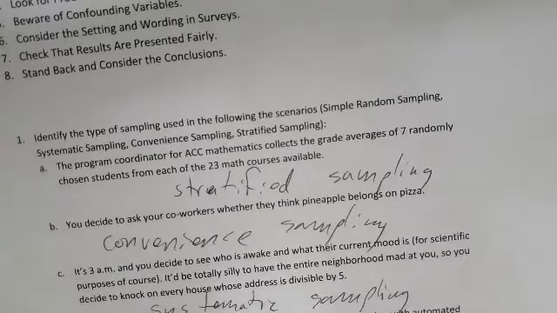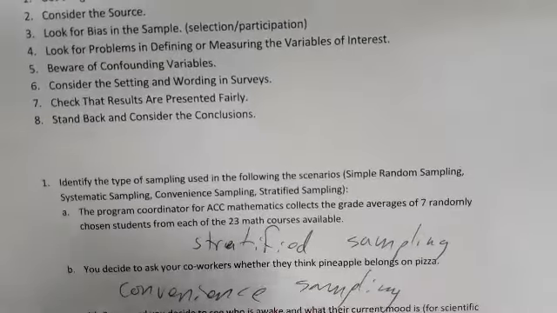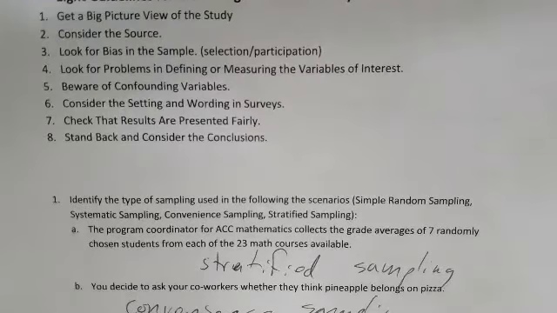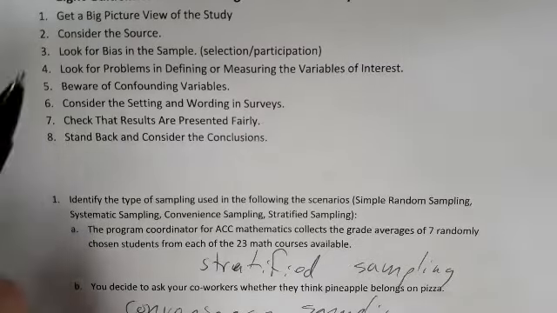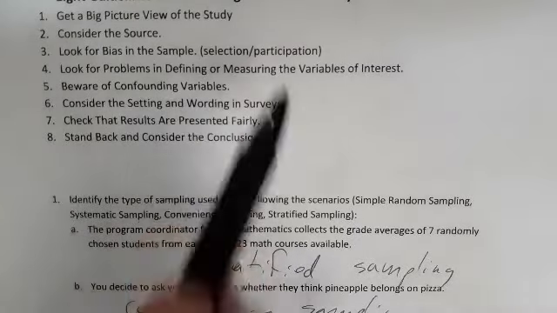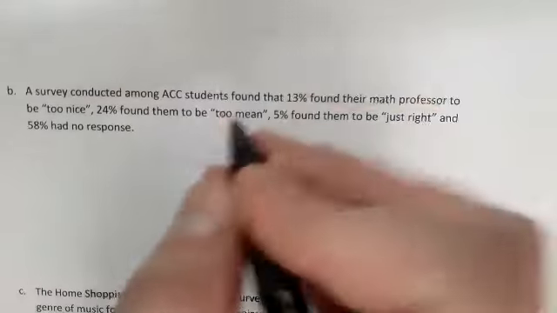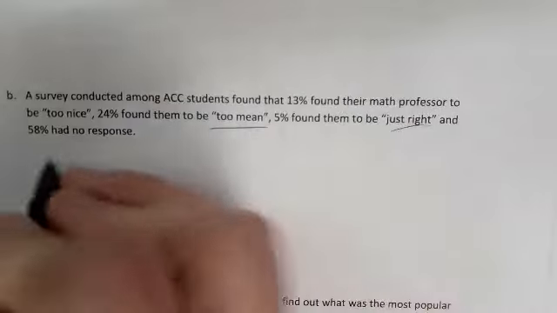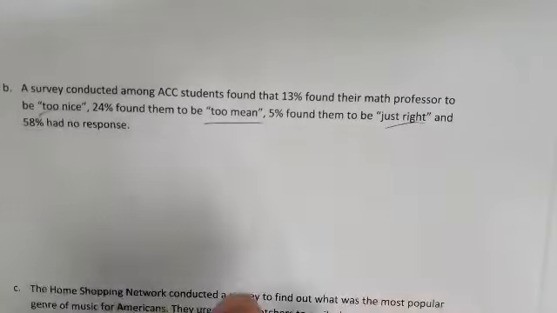So if we're looking at these 8 different rules, the one that this really falls into, where's it at? I believe it's number 4, right? Defining or measuring the variables of interest. So if we're looking at these variables of interest, what does it mean to be right? Nice.